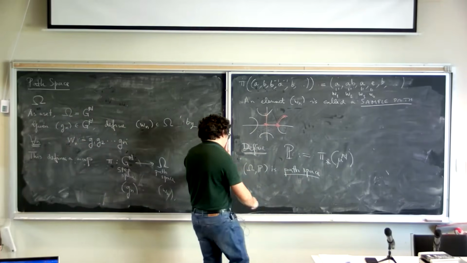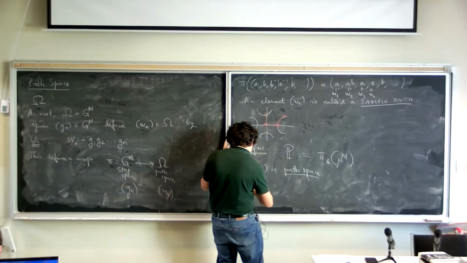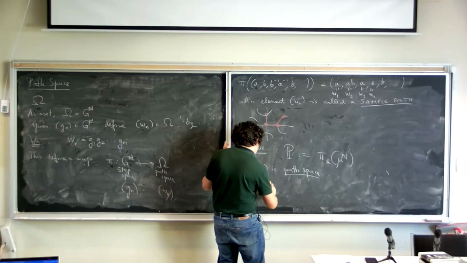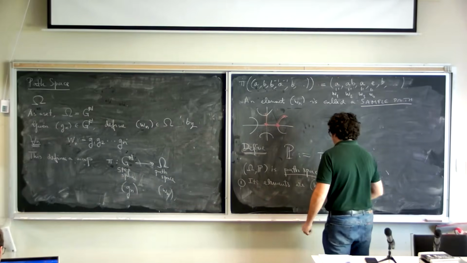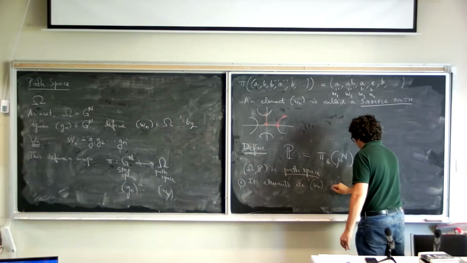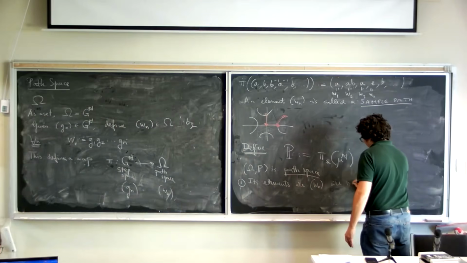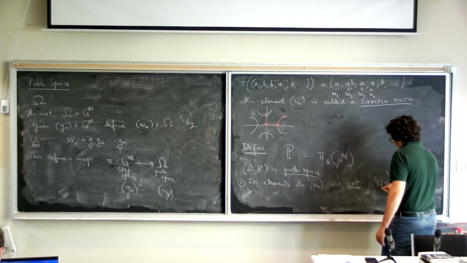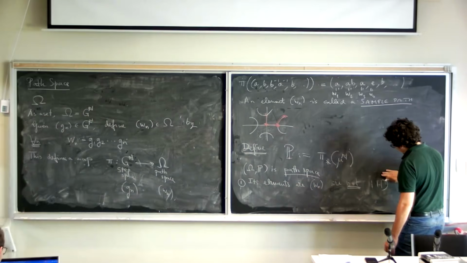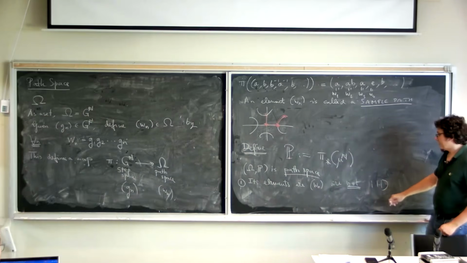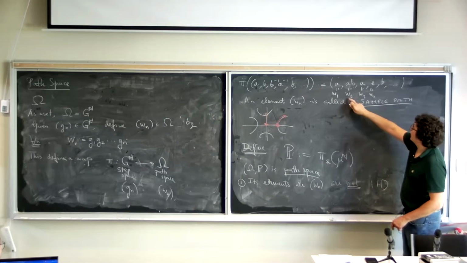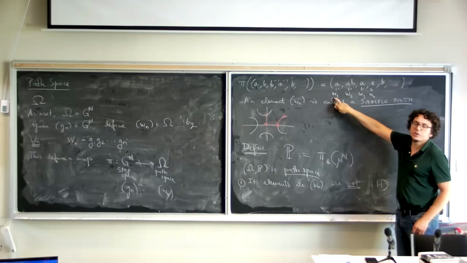And so the two remarks are that, one, its elements are called Wn, but are not IIDs. So the W2 is not independent of W1.